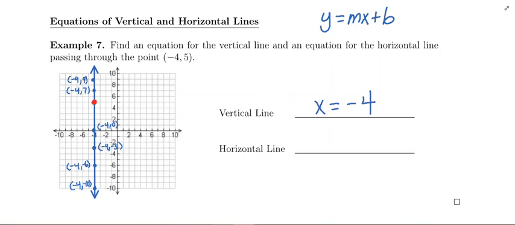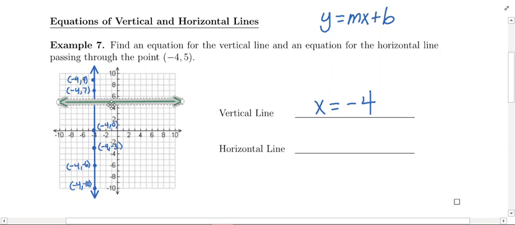If we instead look at the horizontal line through this point -4, 5 and come up with its equation, we can do a very similar thing. Through -4, 5, through this red point, I'm going to draw a horizontal line. It's going to look like this.